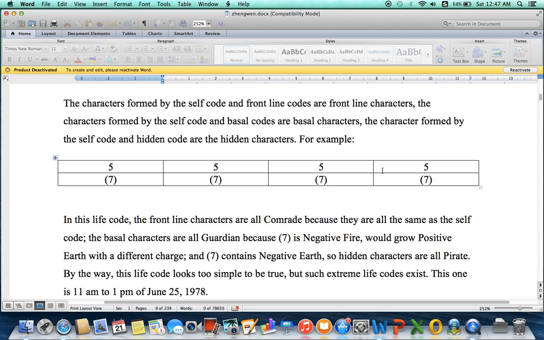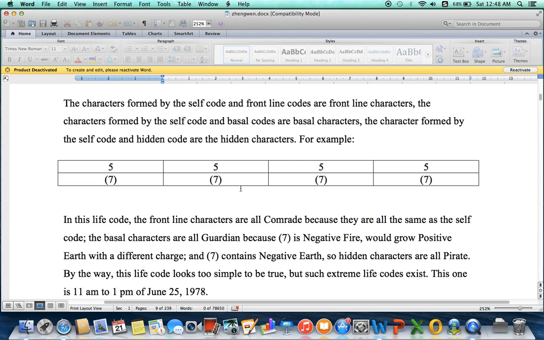The second concept is the zodiac month is the strongest of all codes. If this 7 has a power level of 100, then this zodiac month 7 has a power level of 200.